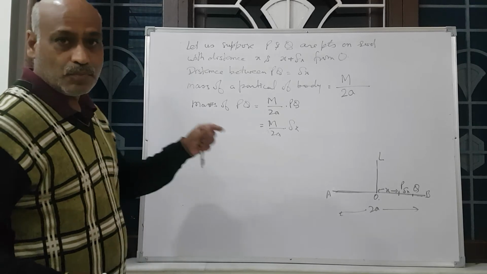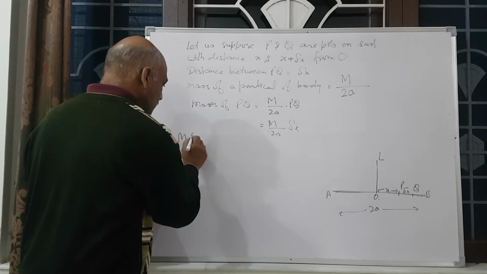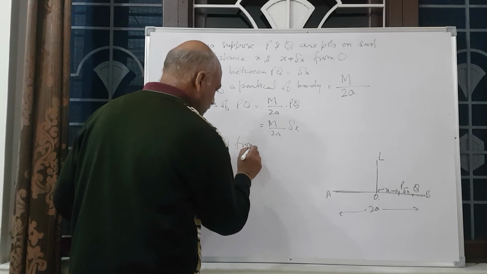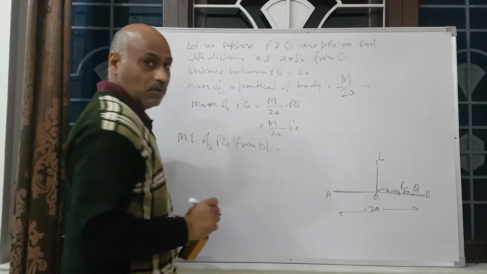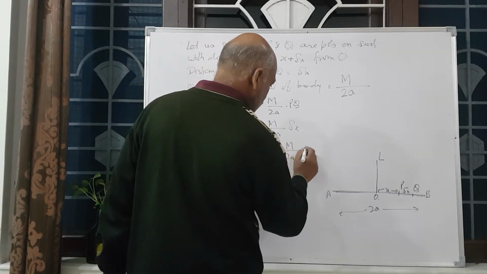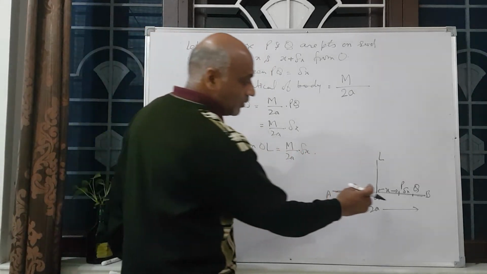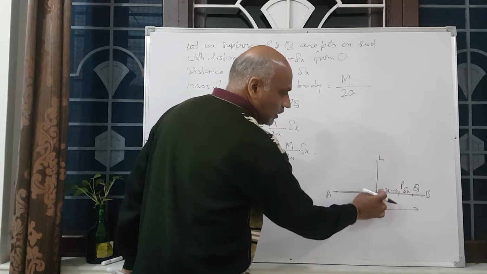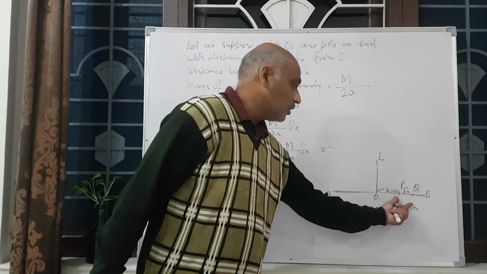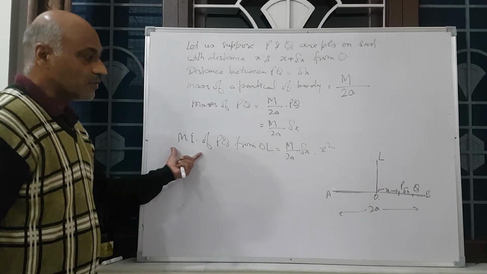It is mass into perpendicular distance squared. So the moment of inertia of PQ about OL is M upon 2a into delta x, the mass of PQ, into the perpendicular distance squared. The perpendicular distance of PQ from OL is x, so x squared.